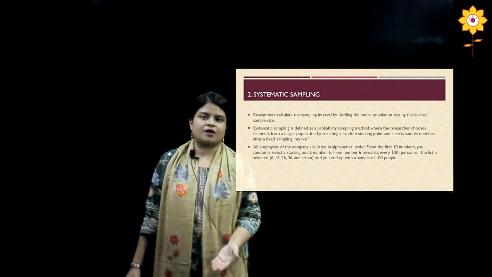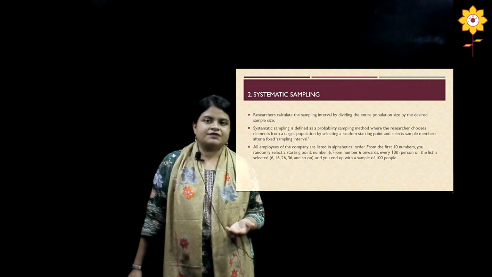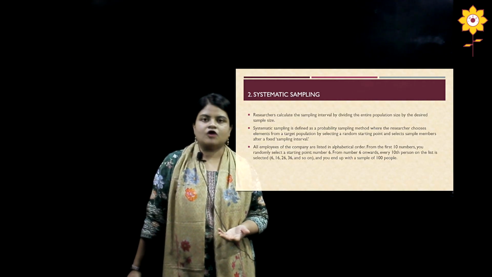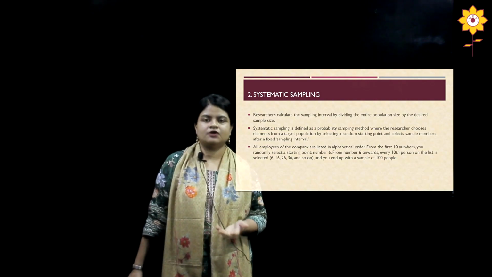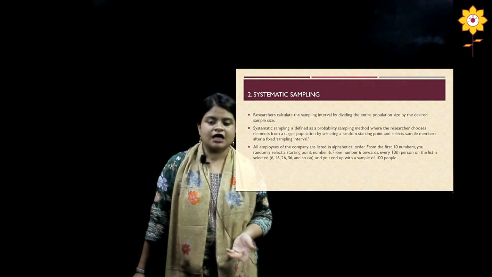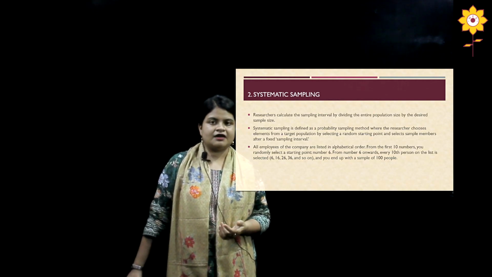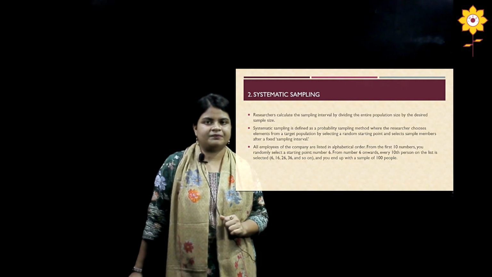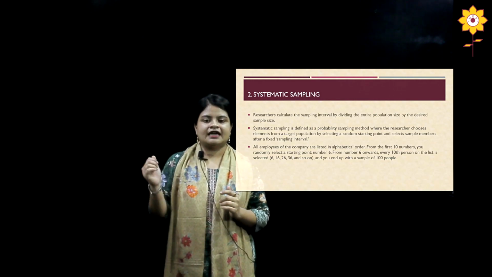Say, for example, the researcher wants to collect a sample of 100 individuals from a population of around 200. He only wants 100 individuals. The method employed here could be systematic sampling, wherein the researcher takes the sample by determining an interval.